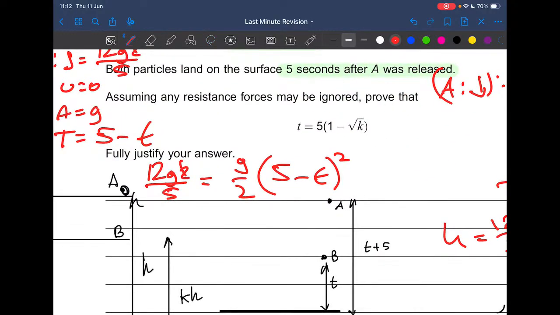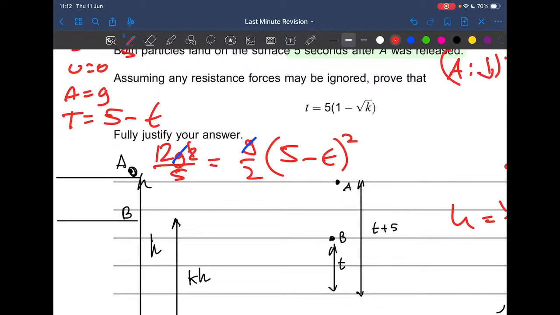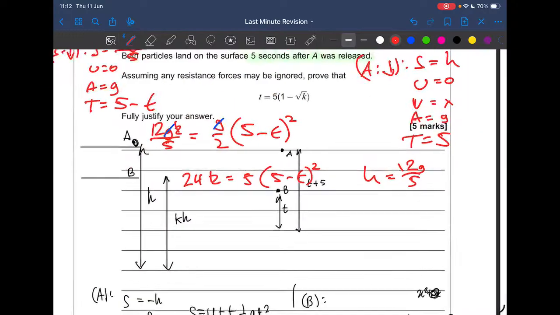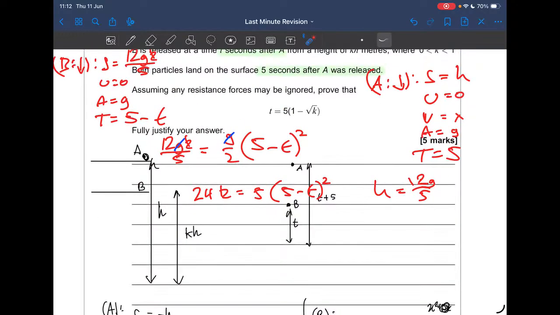Again, g on 2 can cancel. No, tell a lie, g can cancel, but we will times by the 2 and times by the 5. So 24k is equal to 5, lots of 5 minus t, all squared. We want t, don't we? So it's not a quadratic now. Well, it is, but we can just rearrange for t. Actually we'll divide by the 5 again. 24k on 5 square rooted is 5 minus t.